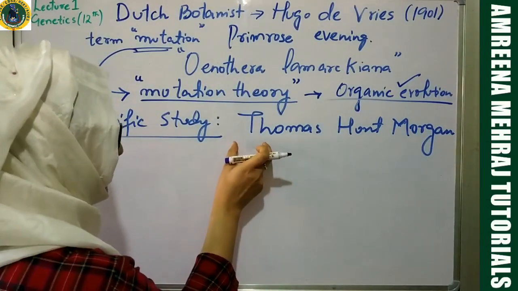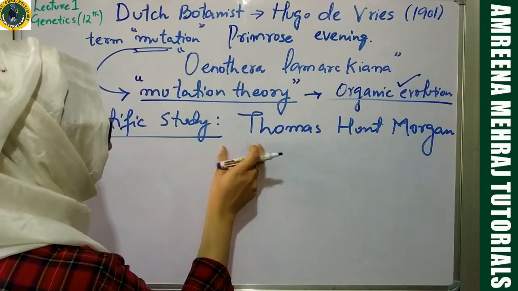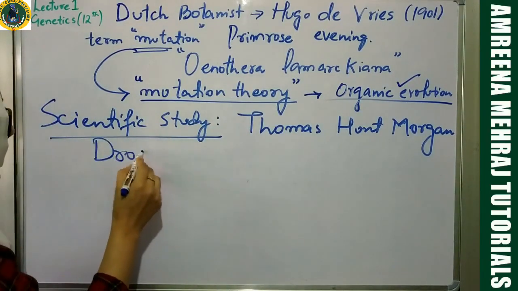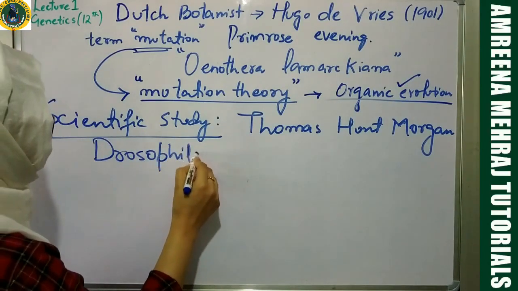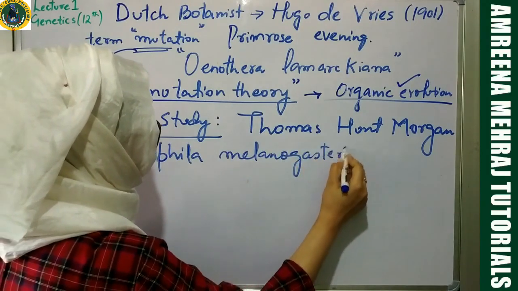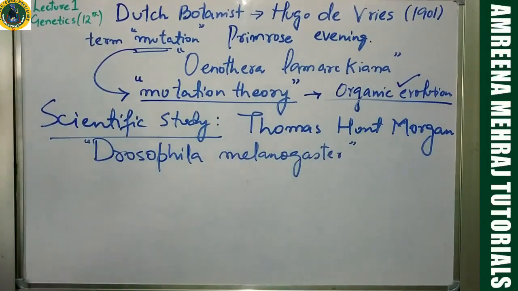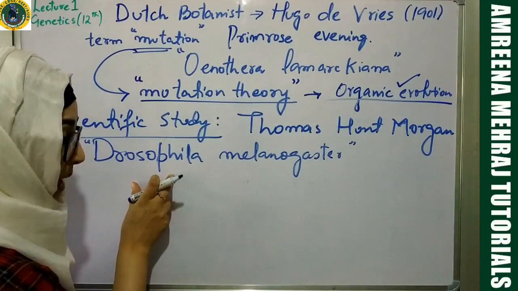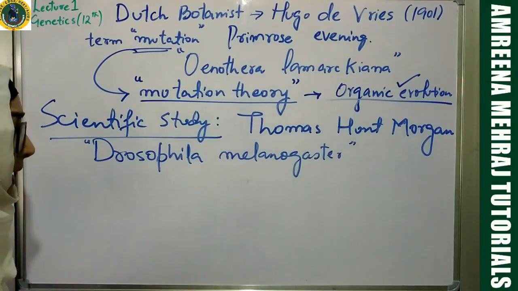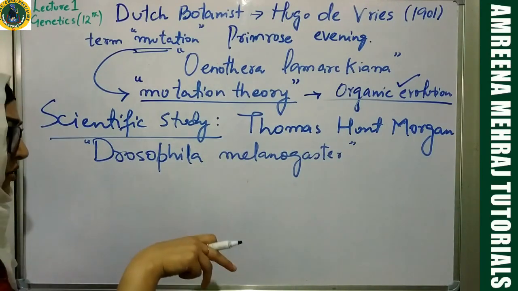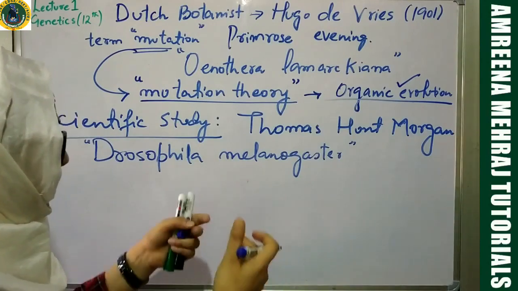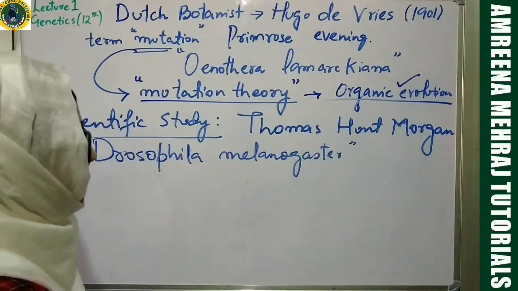He performed a series of studies on a model organism, Drosophila melanogaster. This is a fruit fly, and this organism is called the jackpot of genetics, because whatever study of genetics is done even today, be it in terms of detecting DNA prints and all, is done considering this organism as a model.